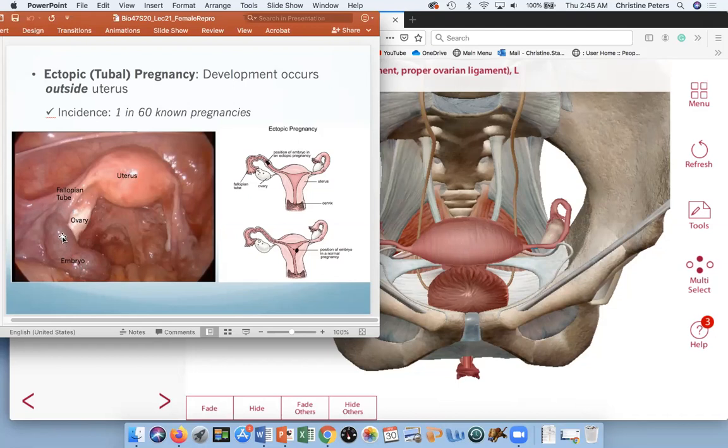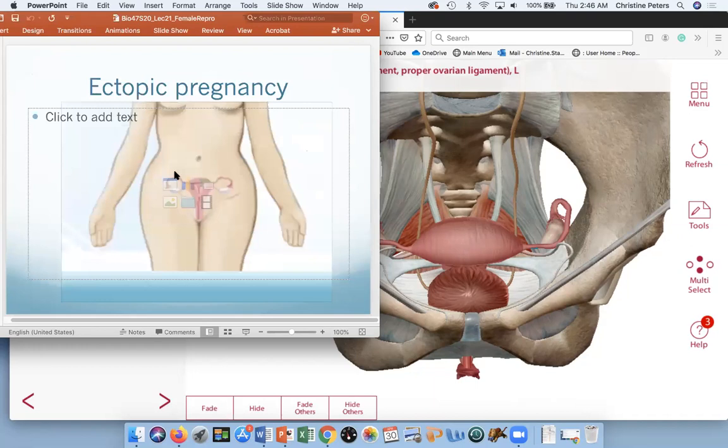It's a little bit less than a 2% chance of a known pregnancy has this problem. A lot of times you have ectopic pregnancies that just don't progress. And so many women will say, oh, I'm pregnant. And then a couple of weeks later, oh, I'm not testing pregnant anymore. And maybe they might have had an ectopic pregnancy that just didn't progress.